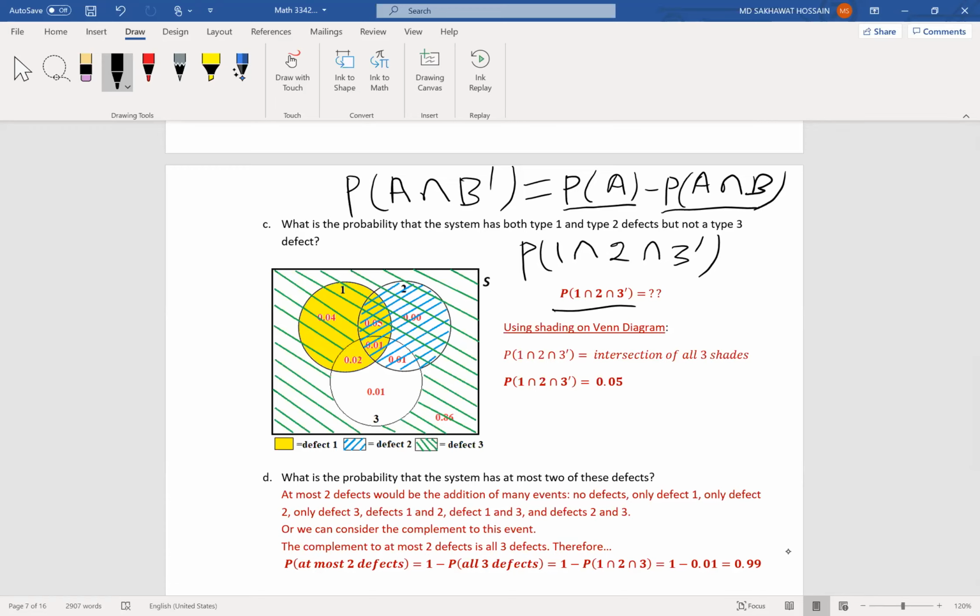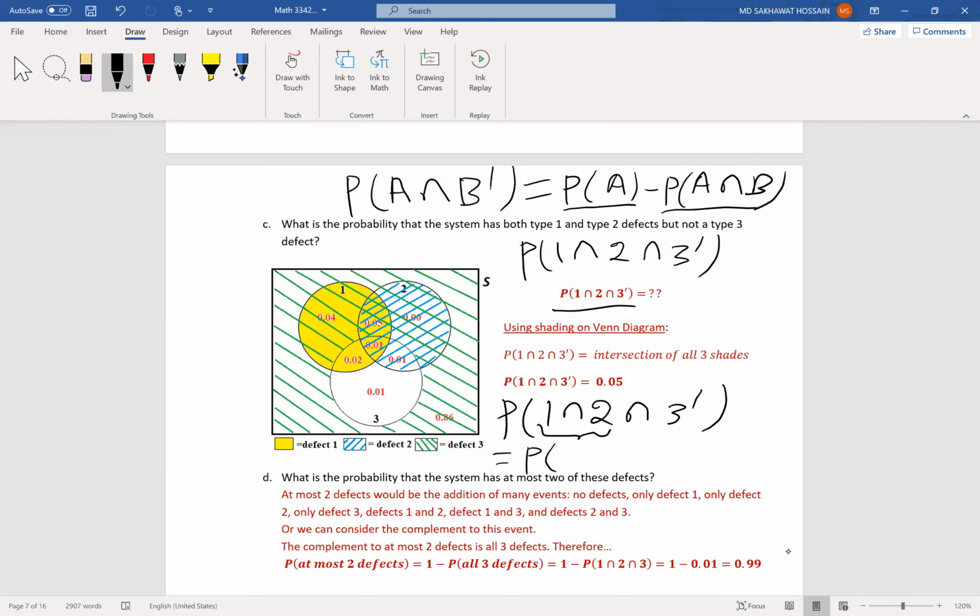Similarly, if we want to use the formula for this one, here we have three events. But if you consider two of these events together as one event, then how can we write the above formula? Then it will be the probability of which event doesn't have the complement? The first one, right? 1 intersection 2.